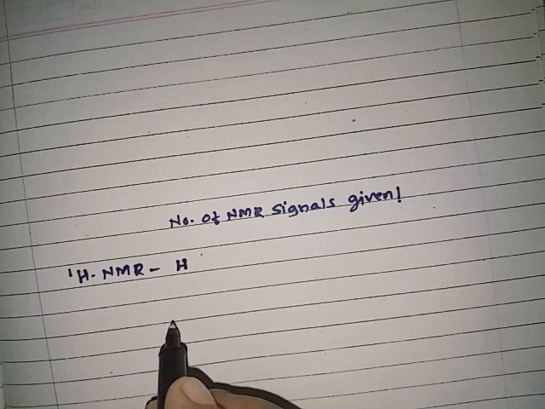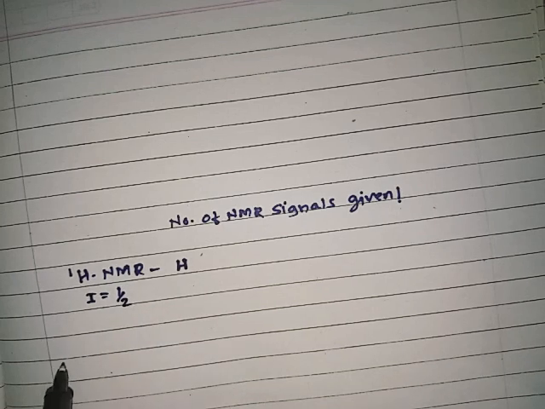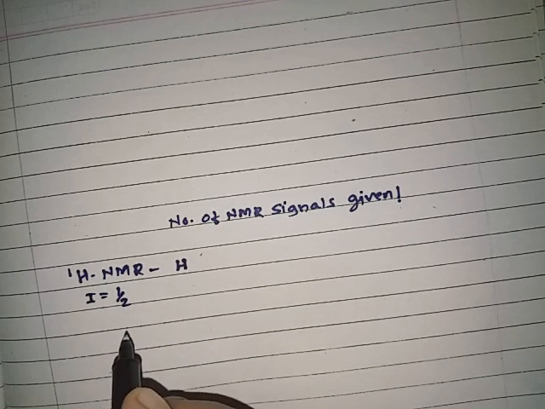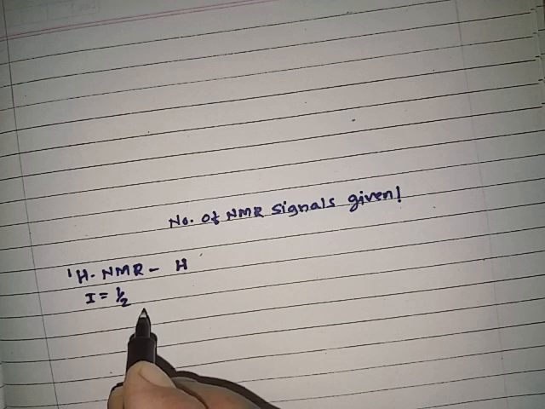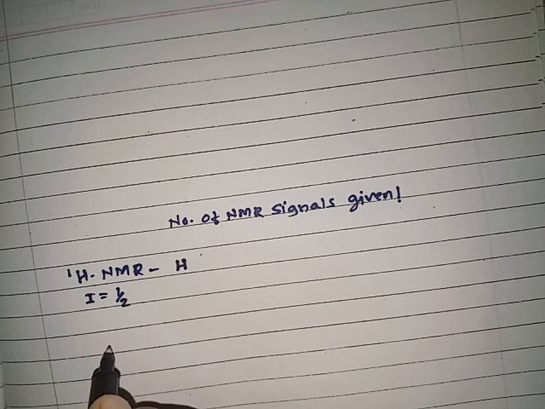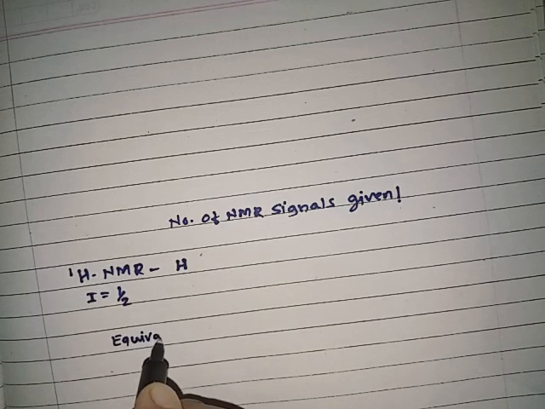We know that the I value for this proton is half, that is known as the spin magnetic quantum number. In the case of protons, there are two types of protons, equivalent and non-equivalent protons.